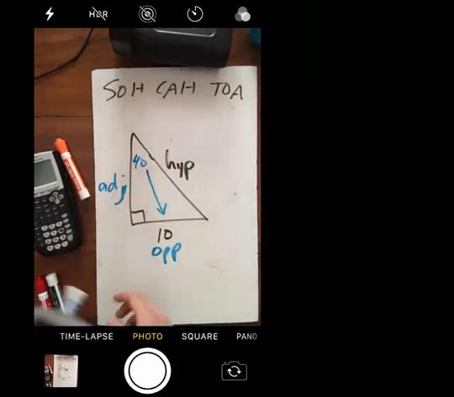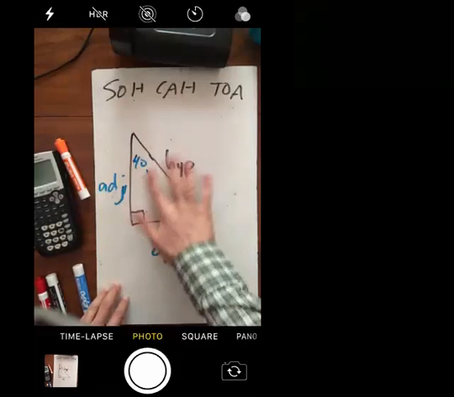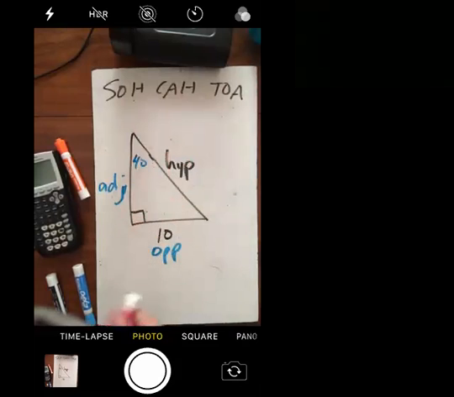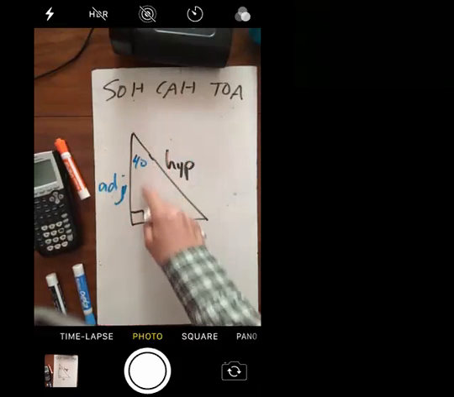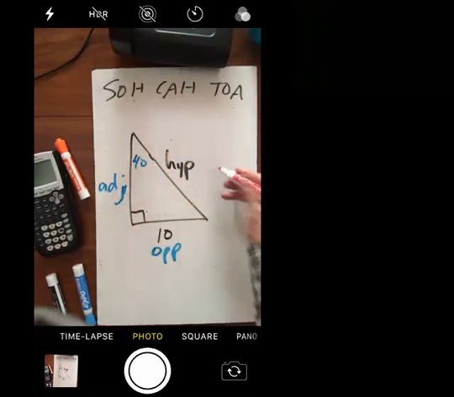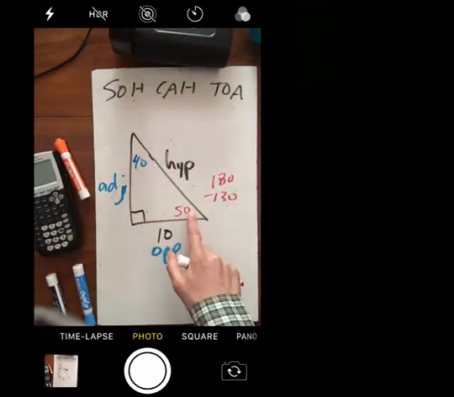Before we continue, I want to just make sure that you also know that if you know that this is a 40-degree angle and this is 90 degrees, then you can add these together and get 130 degrees. Then you can subtract 180 minus 130 and get 50 degrees. And you could use this angle if you wanted to.